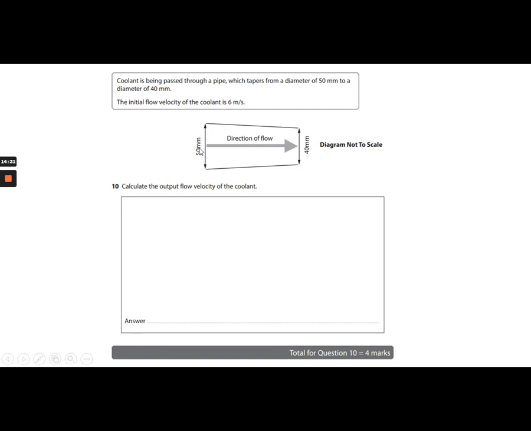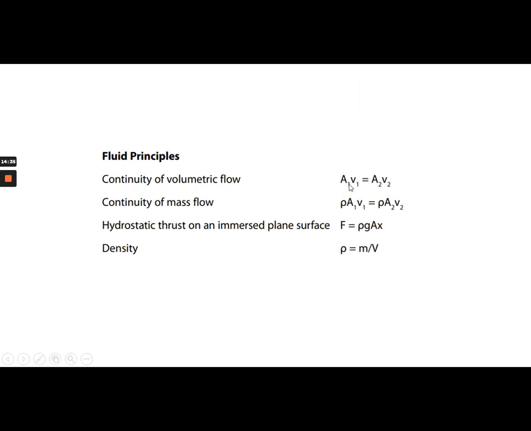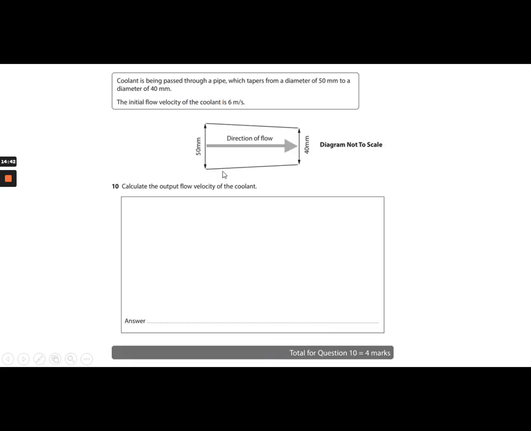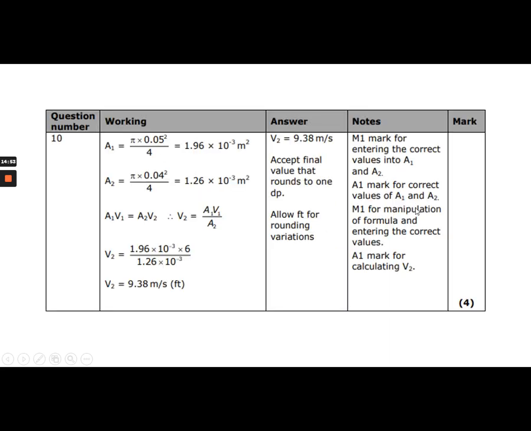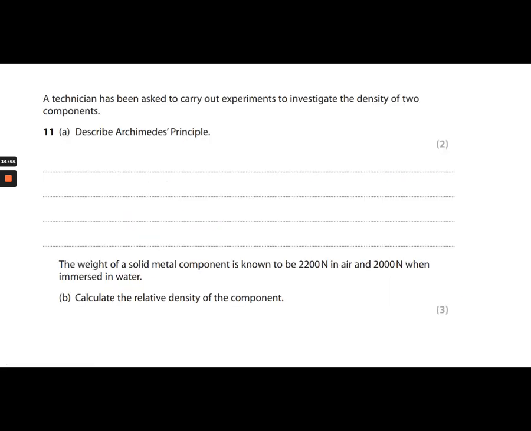So if you've calculated the area on the left hand side and the area on the right hand side, then it would just be the area on the left hand side times the velocity on the left hand side equals the area on the right hand side times the velocity on the right hand side. So that would allow you to work out the velocity here. You would divide both sides by A2.